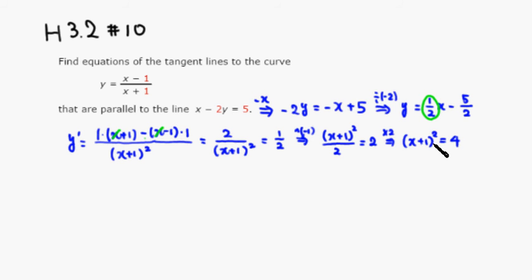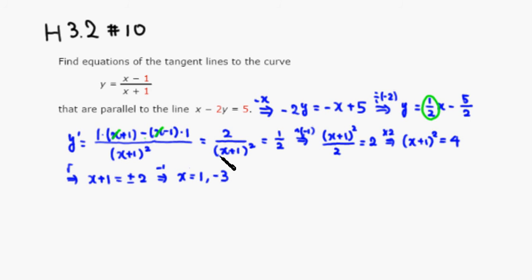Next step would be taking a square root. Then we have x plus 1 is equal to the square root of 4, which is 2, but we have to consider plus or minus 2. Then we can just subtract 1. So x is equal to either 2 minus 1, which is 1, or negative 2 minus 1, which is negative 3.